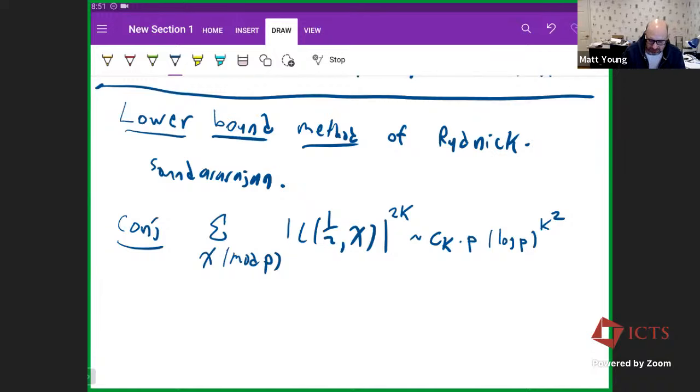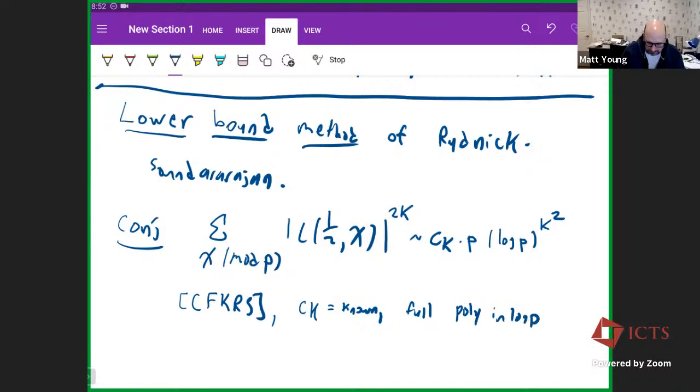So at this point now, there's an integral moments conjecture of Conrey, Farmer, Keating, Rubinstein, and Snaith, where C sub k is completely known, and you get a full polynomial in log p as the main term. So in fact, it's not just log p to the k squared, it's a polynomial of degree k squared in log p, and then they conjecture some power-saving error term. So this is a conjecture.